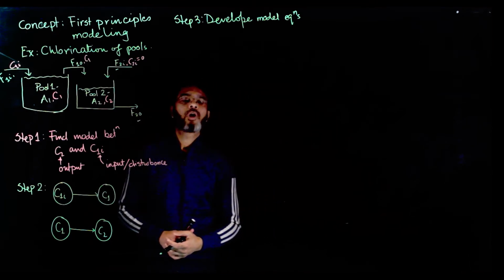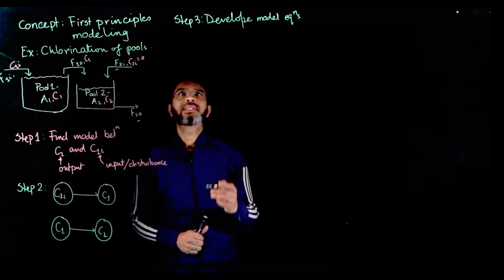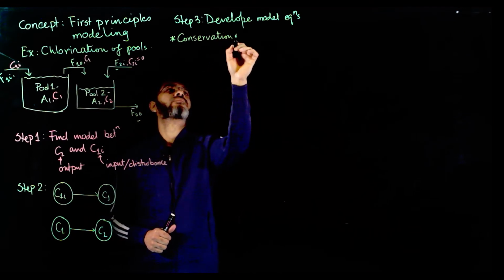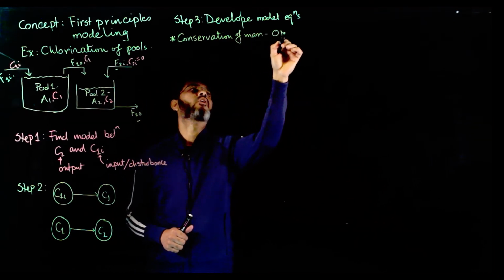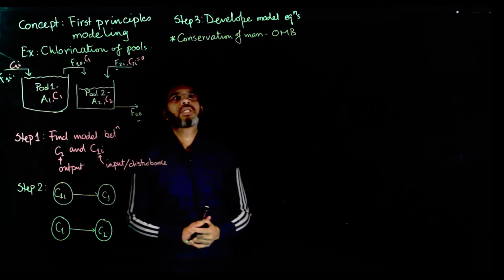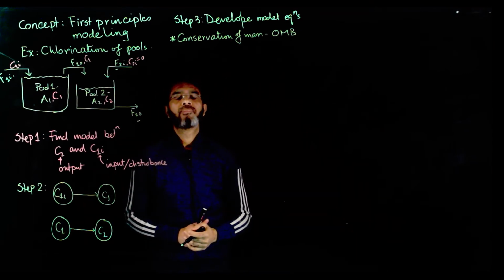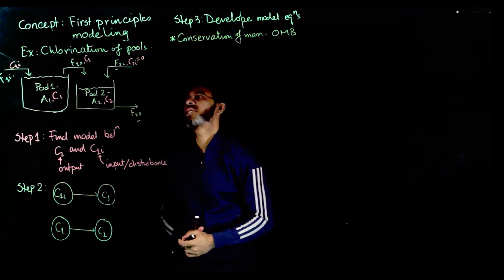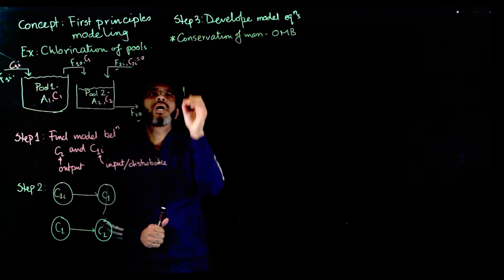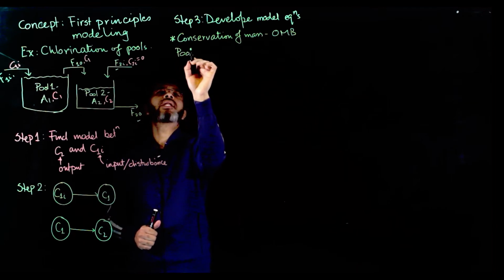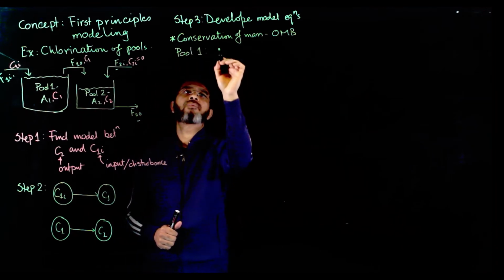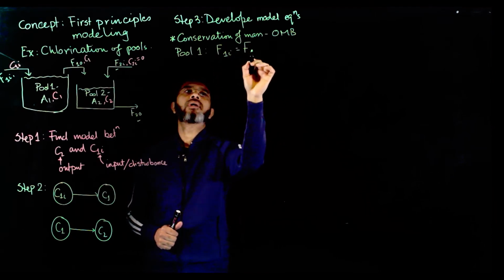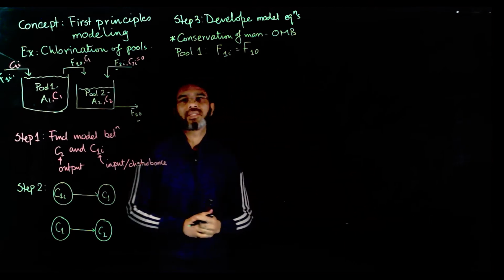But what about the overall mass balance? So let's take a look at what we call the overall mass balance. Now overall mass balance, you know the equation, accumulation equals in minus out. So for this case, for pool 1, definitely there is no change in the level. So if you recall from our previous experience, it will be simply F1I will be F1O for the pool 1 example.